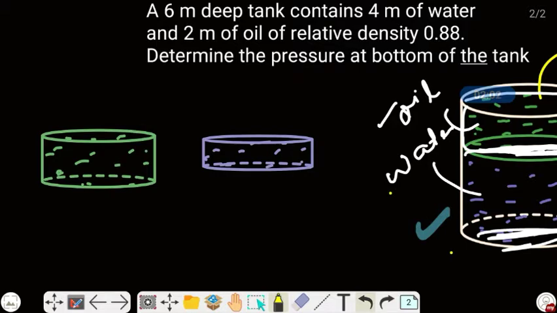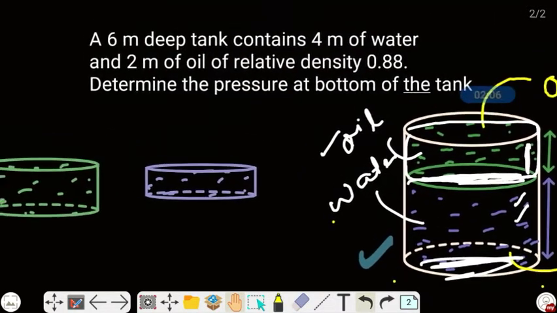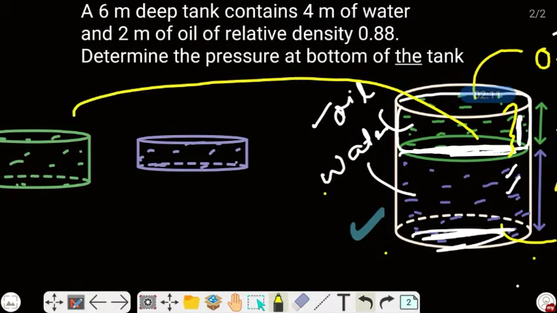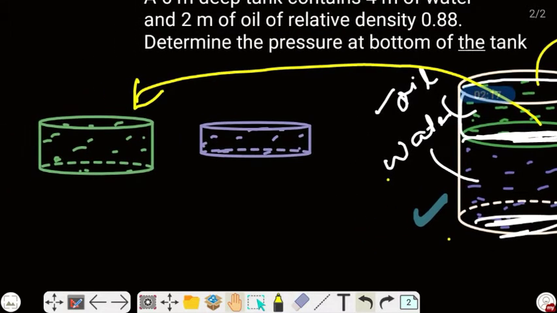So guys, we have taken out this amount of oil to here. We need to replace this oil with this amount of water. So what will be the basis of replacement?